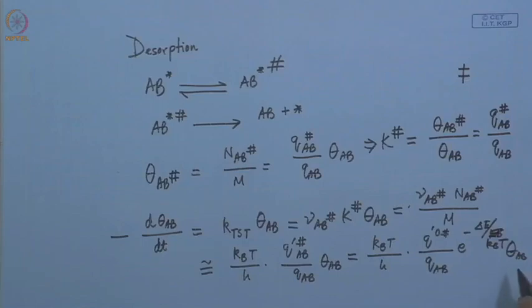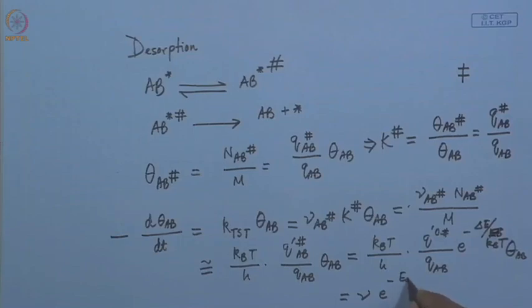That means your nu into e to the power minus EA by KBT into theta AB. So, this is the net rate expression, where this is the exponential of activation energy divided by KB into T.